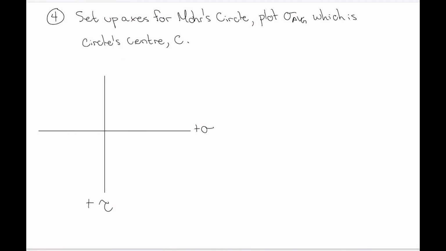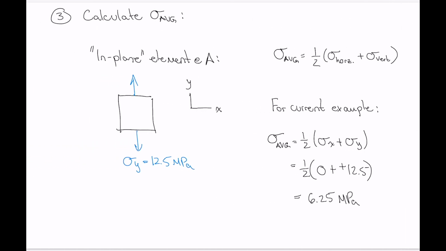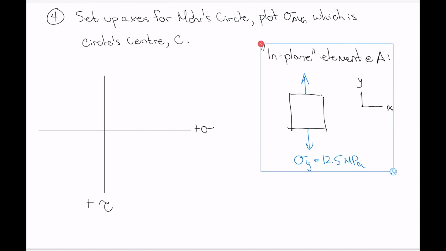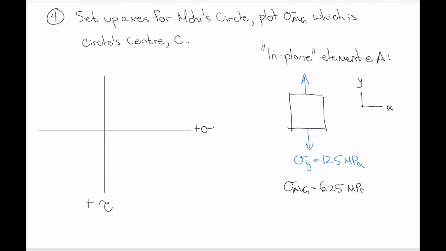Okay, so what do we have from the last page, right? This is probably still on the clipboard actually. Paste, there we go. So there's our in-plane element, and we've already said that the average normal stress for this is 6.25 MPa, right?